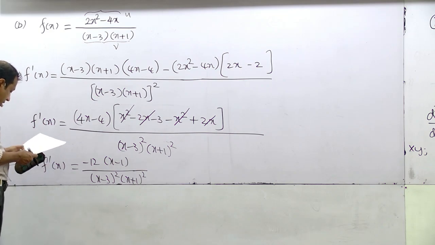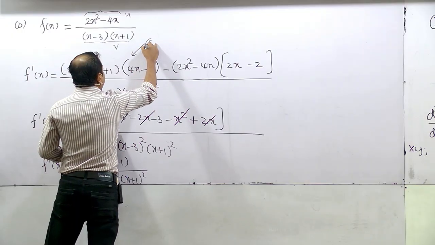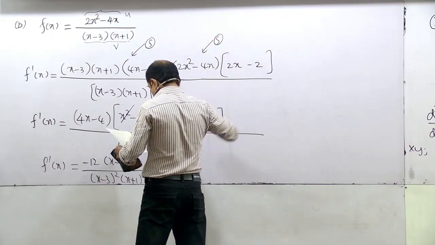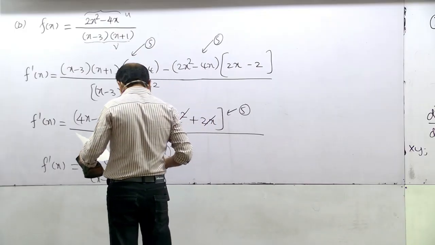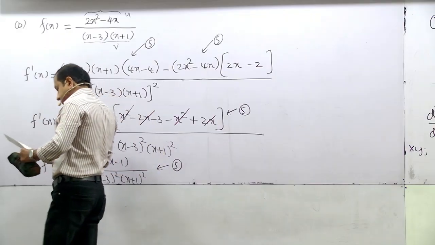This is our f′(x). Here we get 5 marks, for the simplification another 5 marks, and for the final answer another 5 marks.